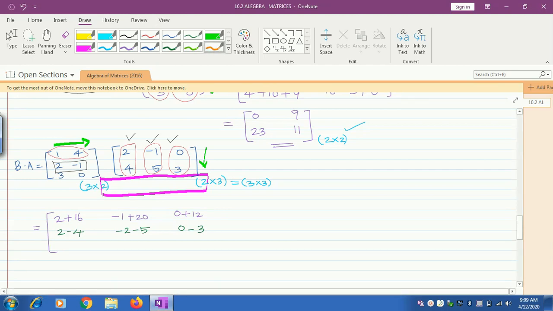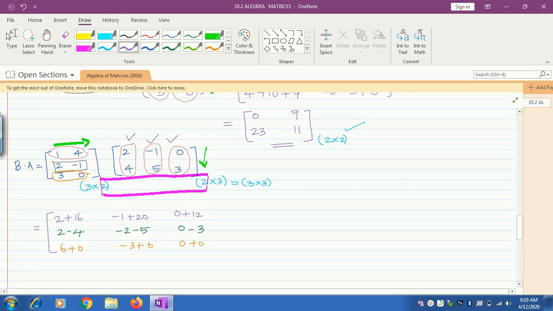What is this last? Here we have 3, right? So this is 6 plus 0, and then minus 3 plus 0, and then 0 plus 0, 0 plus 0.